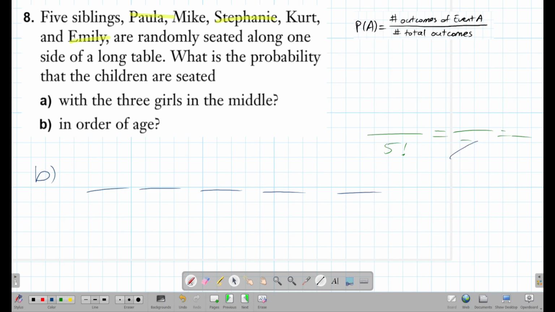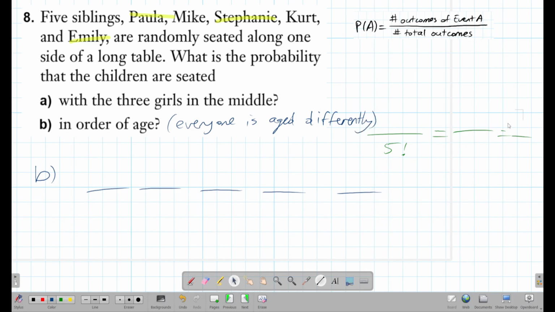We still have 5 factorial as our denominator. That has absolutely not changed. What has changed now is how we can order them. I should also mention that we're going to assume that everyone is aged differently. So everybody has a different age. We're going to make that assumption.